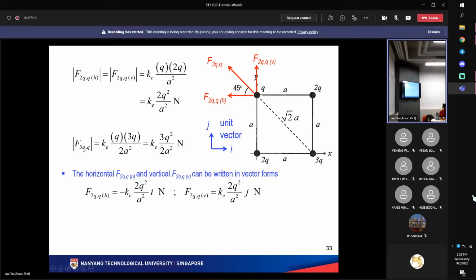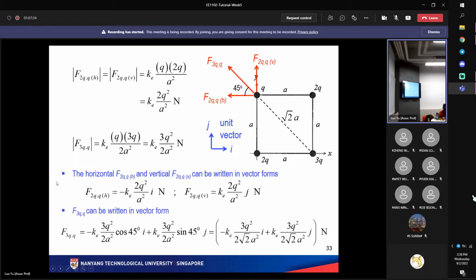How about F3Q inclined? Are the x and y components negative or positive? For F3Q, is the x component positive or negative? Negative. Yes, very good, because it's to the right. So the x component is the magnitude times cosine 45 degrees, times minus i.